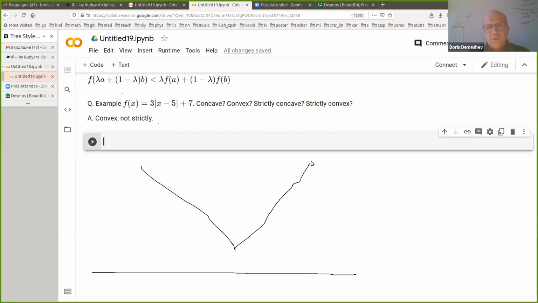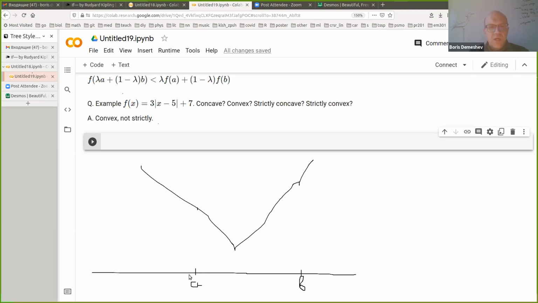So that's roughly how my function looks. If I take point A here, this is my point A. If I take my point B here, what's happening? I'm drawing. Yeah, I managed to do it.